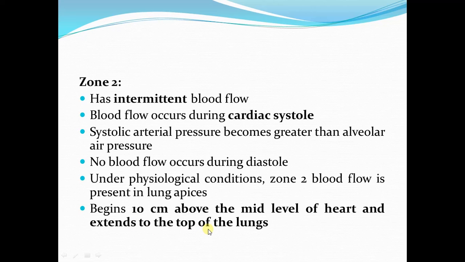So this is the part of the lung that has zone 2 blood flow in an upright person.